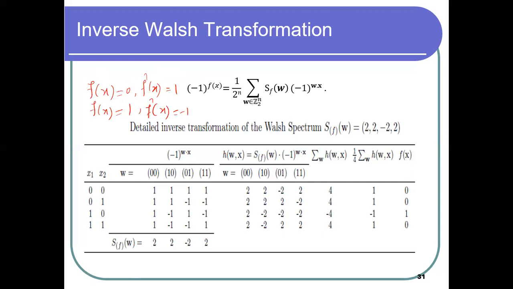So minus 1 corresponds to 1 and 1 corresponds to 0. So if you remember, f hat of x is minus 1 to the power f of x, the sign function. So I just get 1 corresponds to 0, 1 again corresponds to 0, minus 1 corresponds to 1, and 1 corresponds to 0. So if you can see this, this is my original function for which I have to calculate the Walsh spectrum.